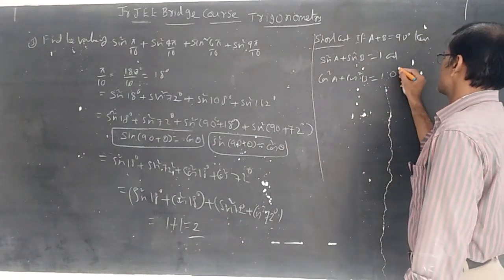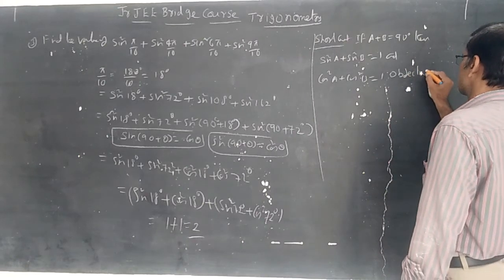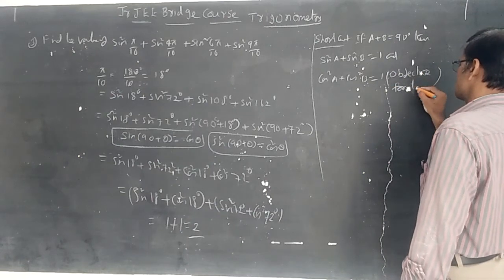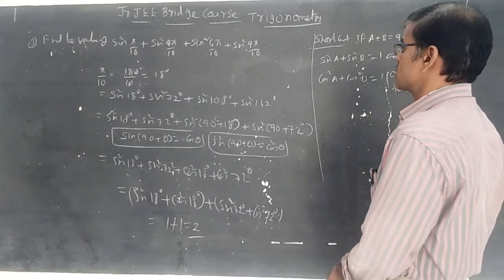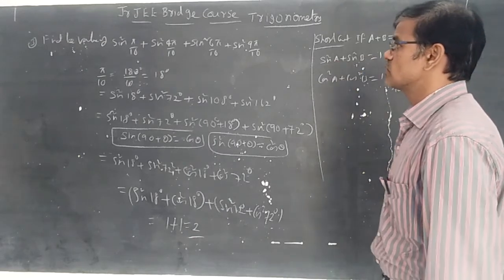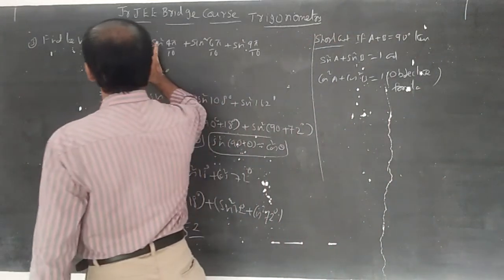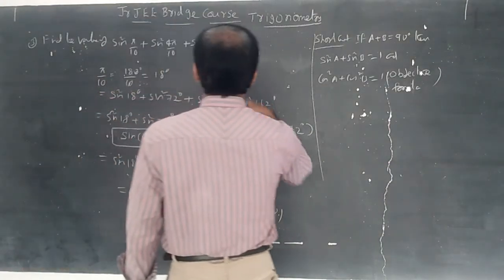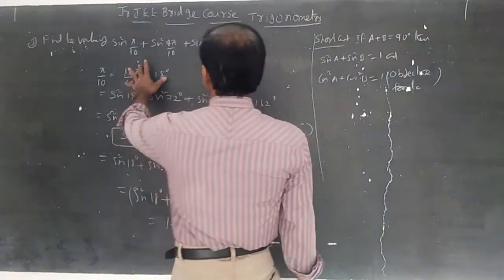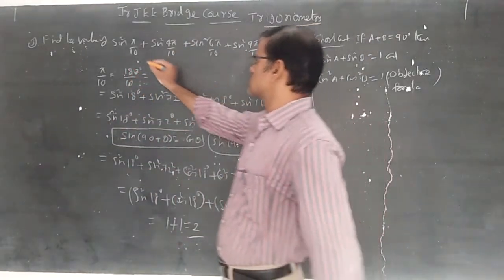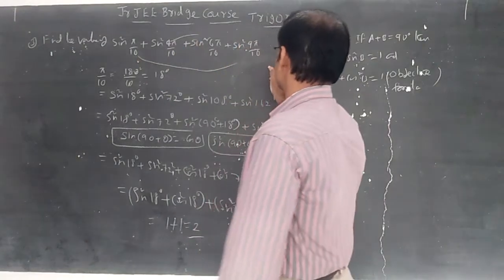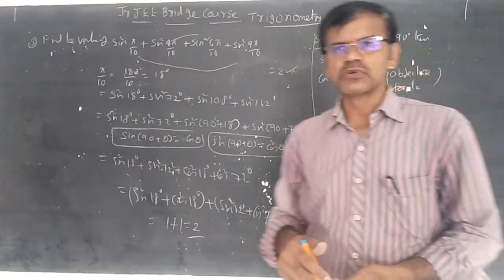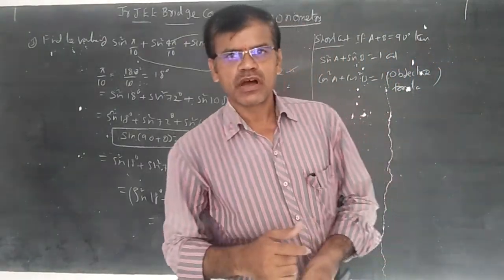This is an objective formula, for MSET or mains or IIT, anything. Whenever pi by 10 is there, 1 plus 9 is 10 pi by 10, like this A plus B is equal to 90. So this is 18 and this is 72. Whenever you get the question in objective, you can write the answer directly.